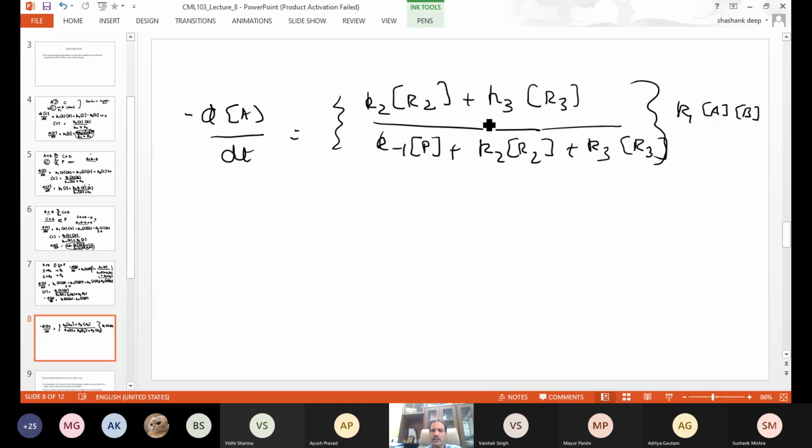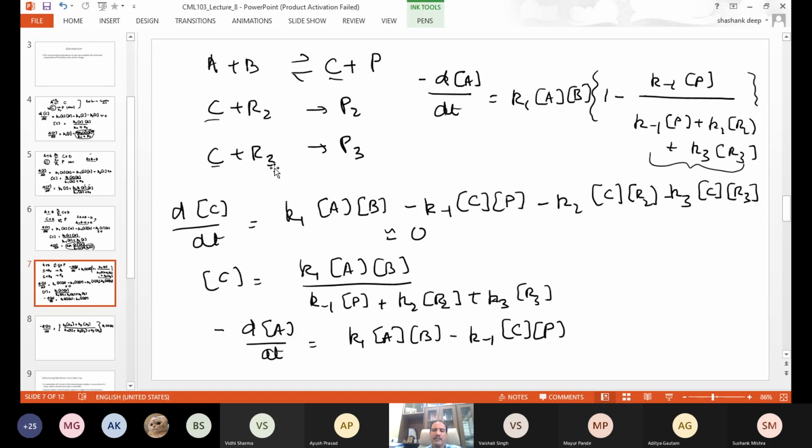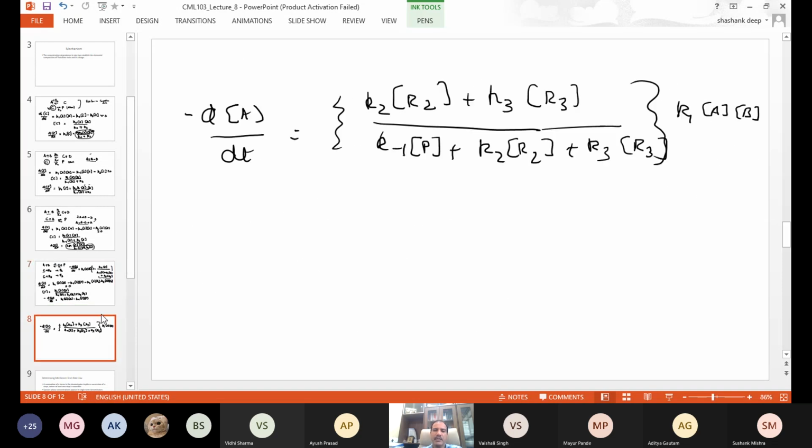It means that there should be a parallel pathway, and you can see in this reaction there is a parallel pathway. C is reacting with R2 to give P2, C is reacting with R3 to give P3. So there is a parallel pathway. So you will be able to explain the third rule with that.